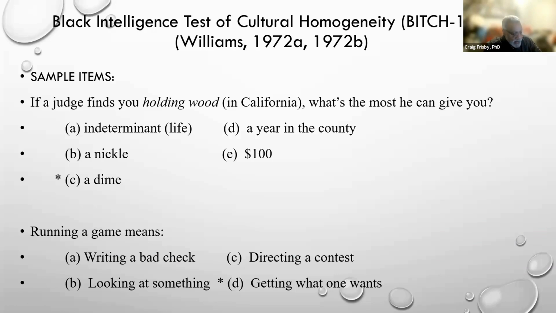There was a famous Black psychologist by the name of Robert Williams, who passed away some time ago, and he was known as a very hostile IQ test critic.